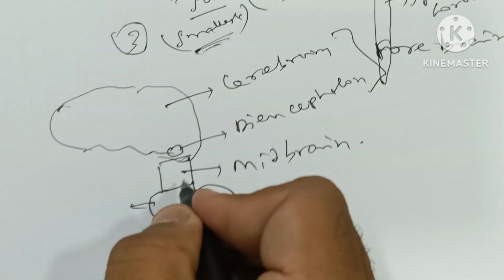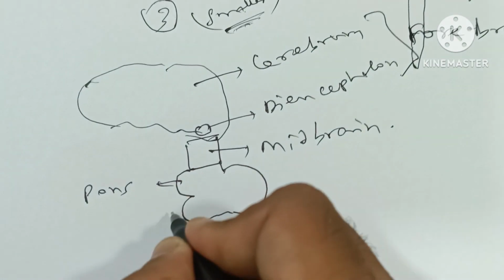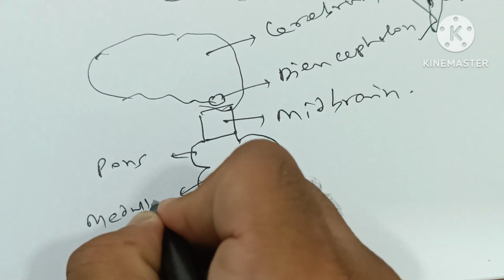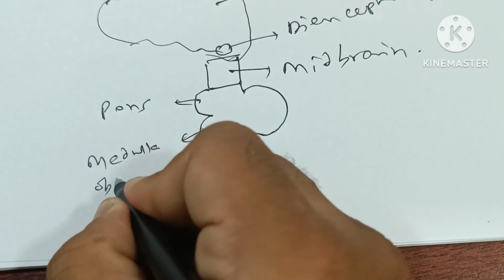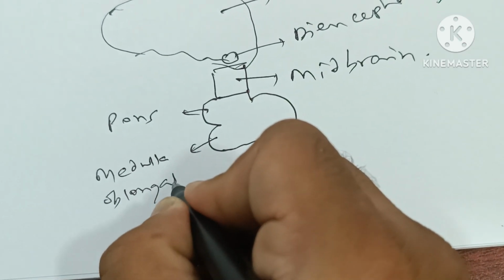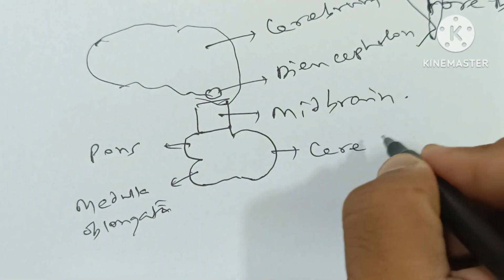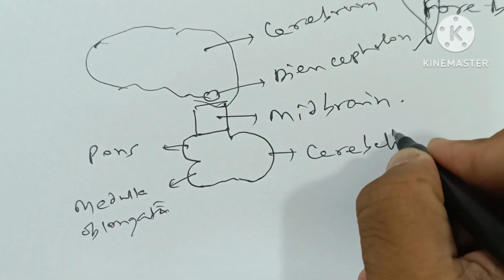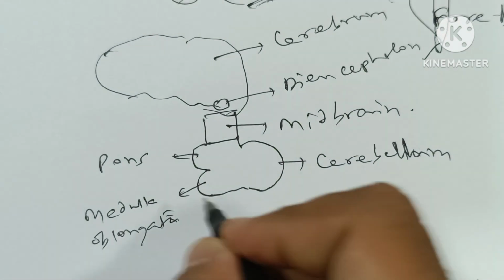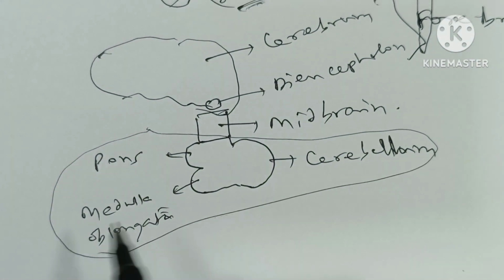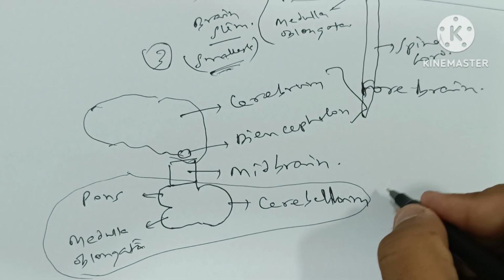All these three structures, pons, medulla oblongata and cerebellum, form the hindbrain.